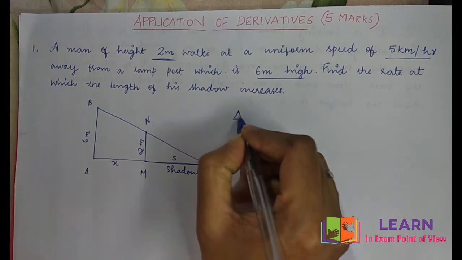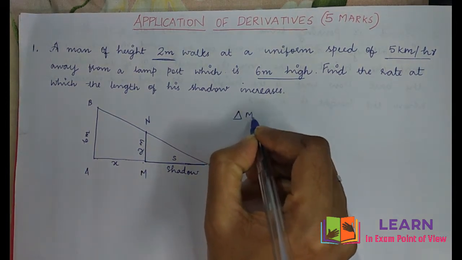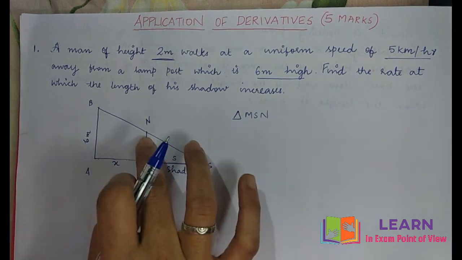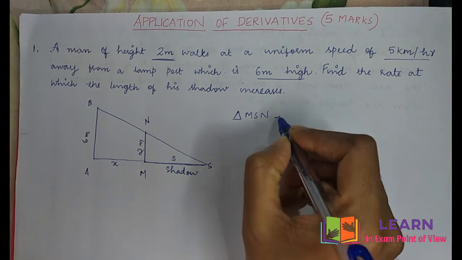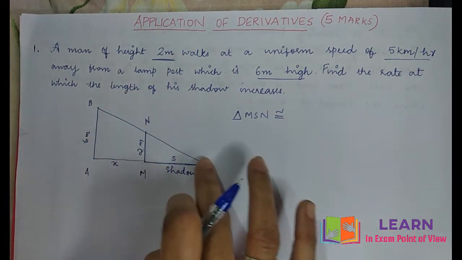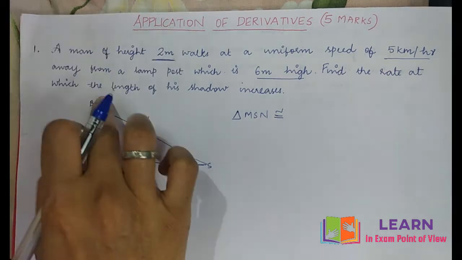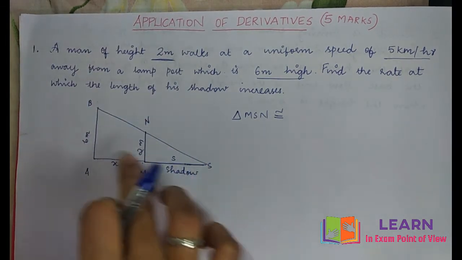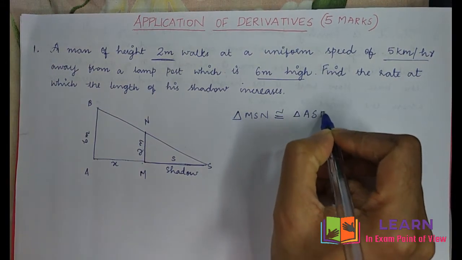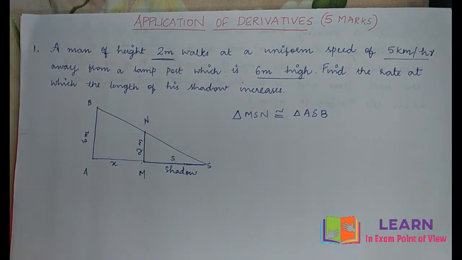So the triangle MSN, that means the small triangle MSN, is similar to which triangle? This big triangle, that is ASB.